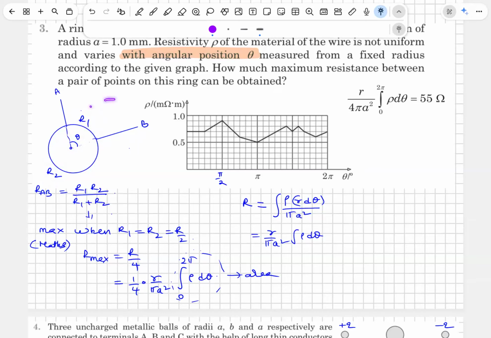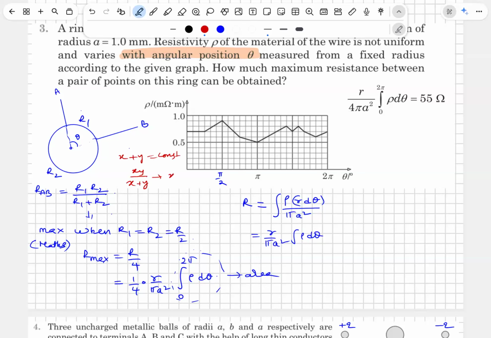In mathematics, this is one variable X, this is another variable Y, and X plus Y is a constant. You want the maximum value of X into Y by X plus Y.